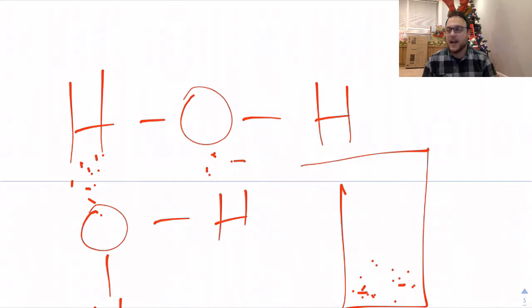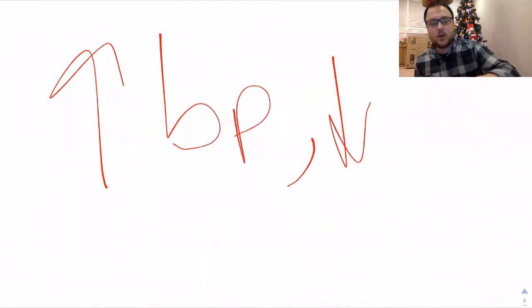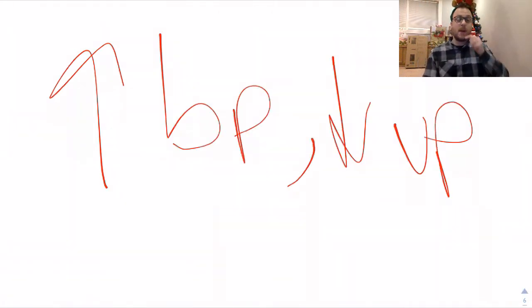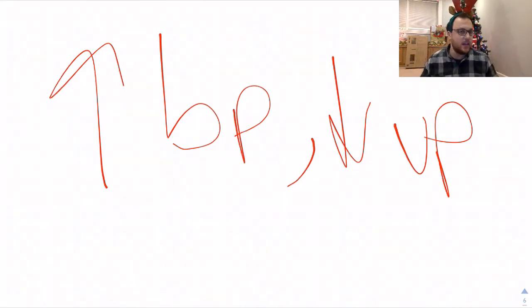So if you have a high boiling point, which is the same as a low vapor pressure, because vapor pressure, what's that mean again, Mr. G? Vapor pressure is, what's the pressure of this gas pushing down on this liquid? So if you have a high boiling point, you're hard to turn into a gas. There's less vapor above the liquid.